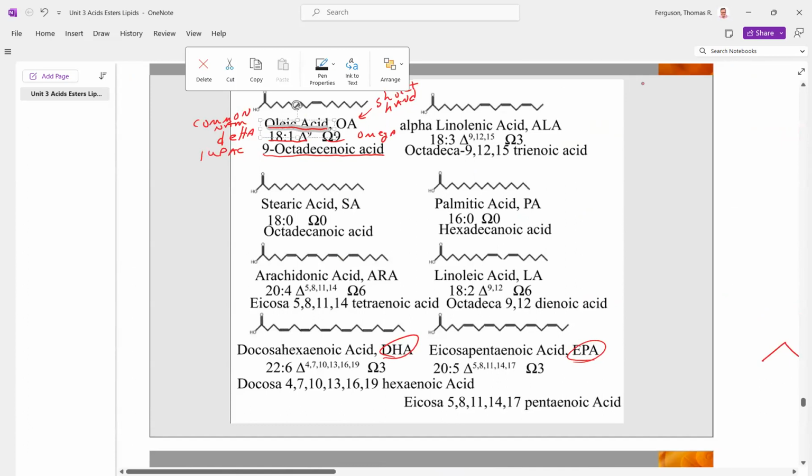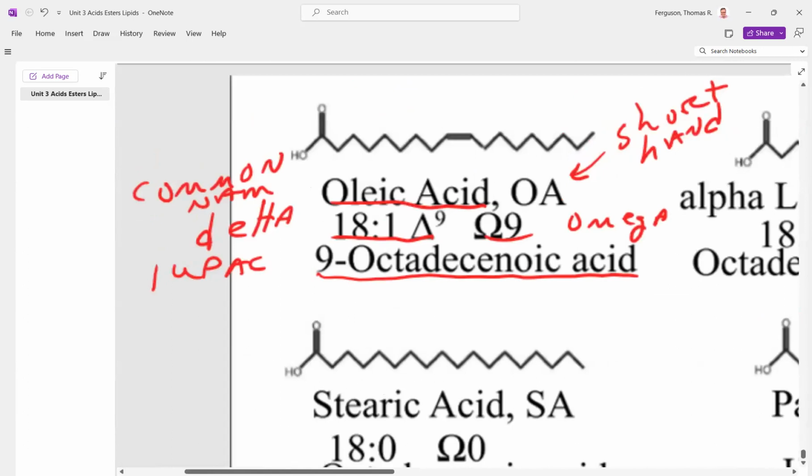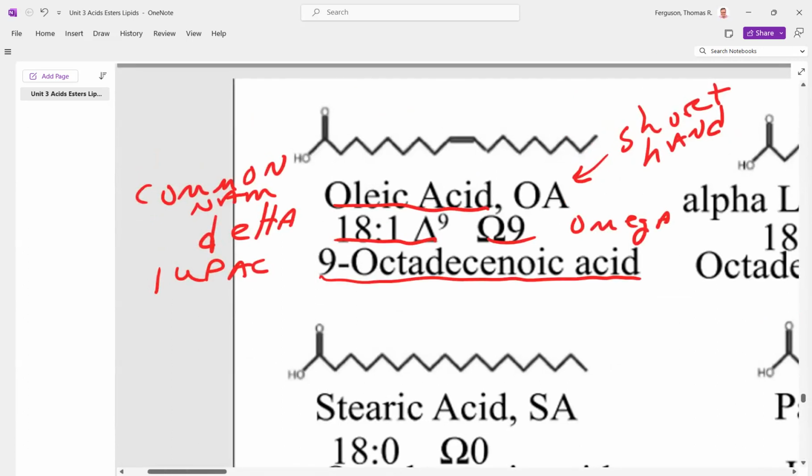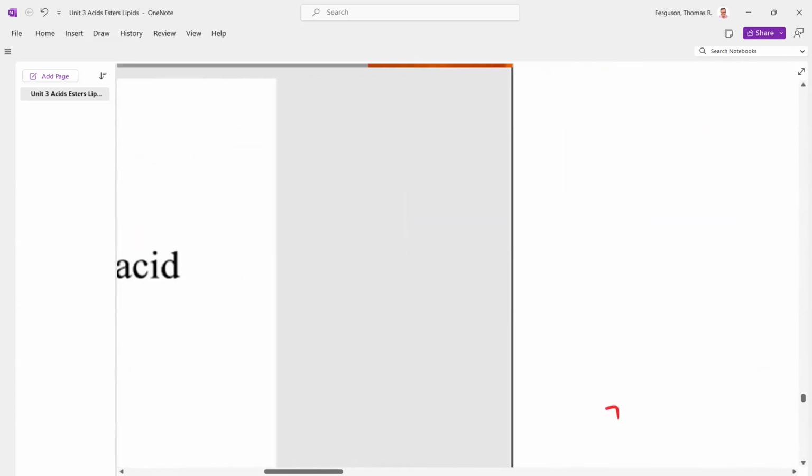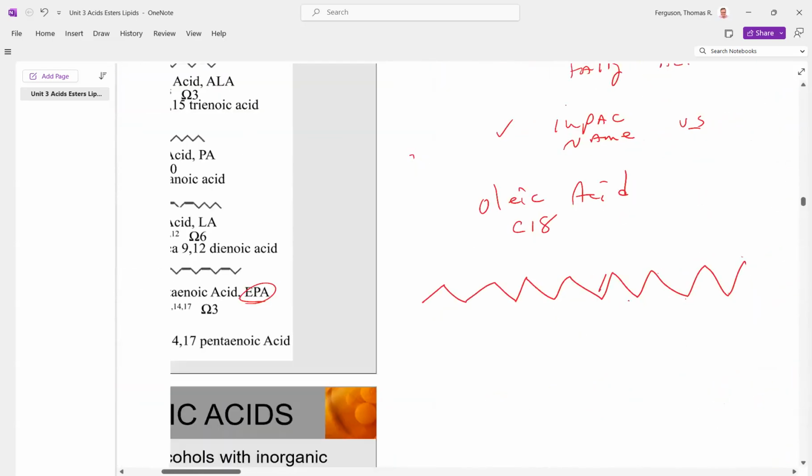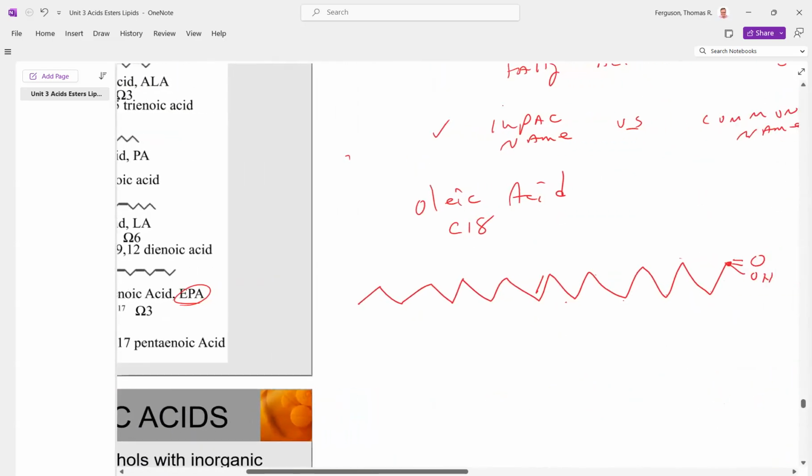Okay, so notice there's an 18:1 delta 9. So 18 is how many carbons are there? How many double bonds? And what carbon number is the double bond on?